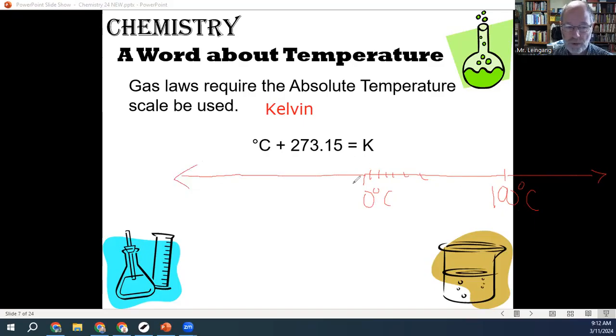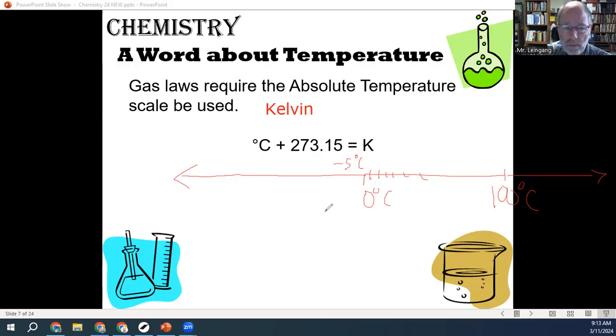And so, there are times where we live, we can get down into negative temperatures. Now, I lived in the Midwest, and we got to negative temperatures in Fahrenheit. But in Celsius, it happens all the time. It's not a big deal for us to be -5 degrees Celsius. That's pretty common.